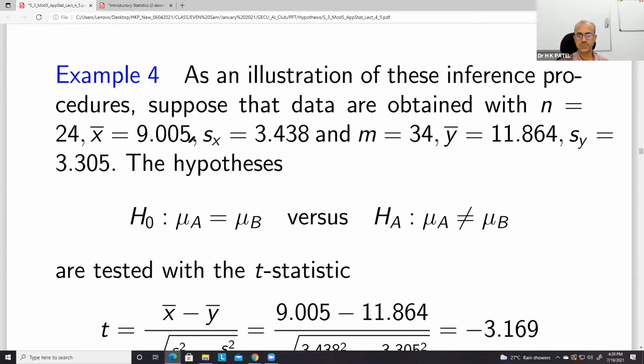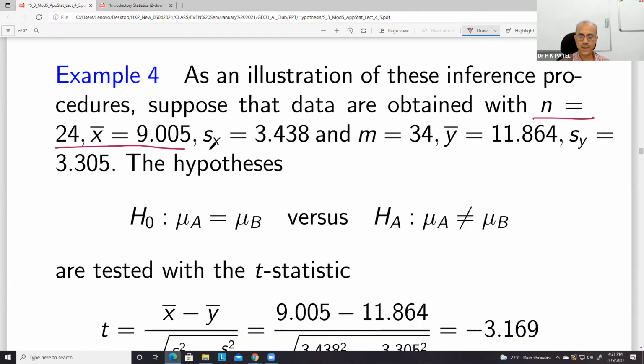Example 4. What it says, all the values are given in fact. There is one sample for which n is equal to 24, mean and standard deviation are given, and similarly the other sample has these values.